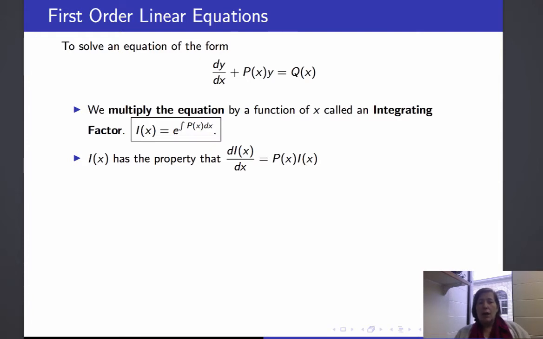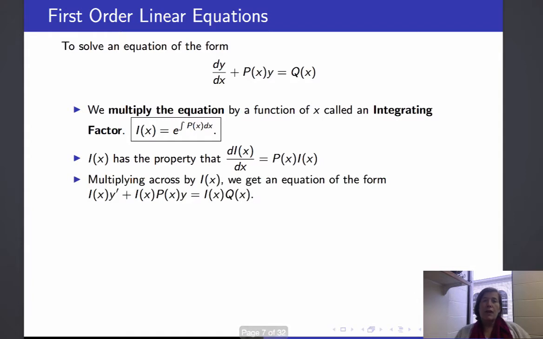This function I of x, the integrating factor, has the property that its derivative is p of x times I of x. You can see that if you differentiate the function, you get e to the power of the integral of p of x dx times the derivative of the integral of p of x dx, which is p of x.